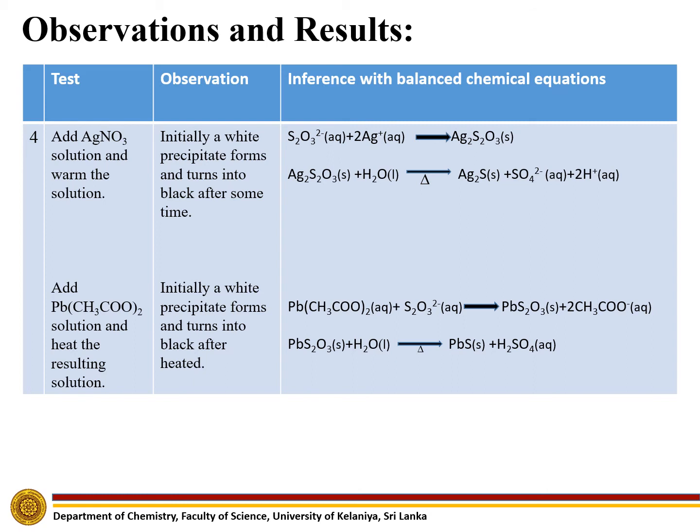For the next part of the experiment, when we add lead acetate solution, lead thiosulfate is produced. Lead thiosulfate is white in color. When we heat it, it will convert to lead sulfide. Lead sulfide is black in color.